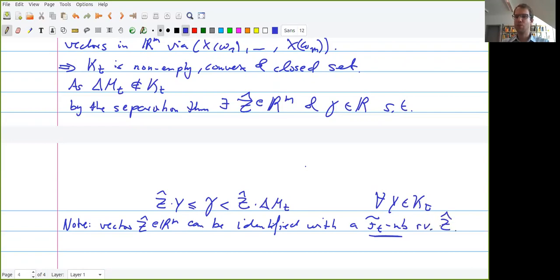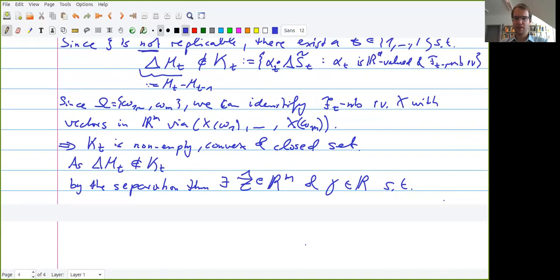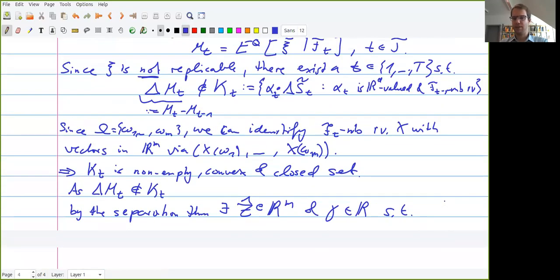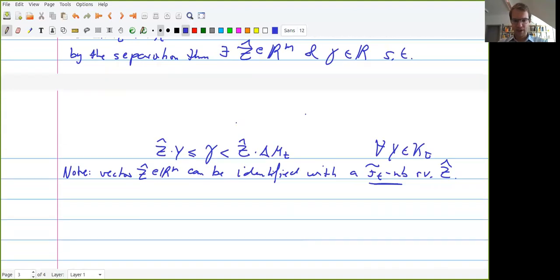The reason why we can do this is because we only consider here F_t random variables, so the number of values the vector can attach is determined by the F_t measurability. And by the same rescaling argument, we can choose our gamma to be 0.